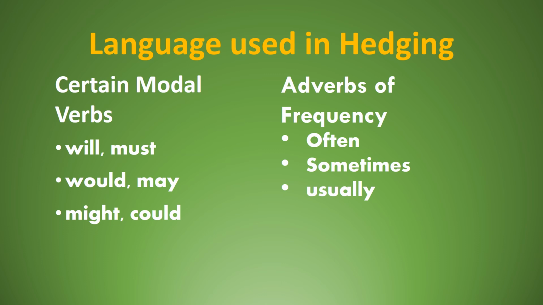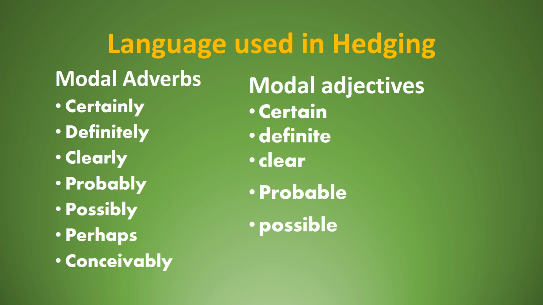Certain modal verbs like will, must, would, may, might, could. Also adverbs of frequency like often, sometimes, usually. For example, you will say, "Sometimes I go to the market." So there is a certain claim there. Modal adverbs like certainly, definitely, clearly, probably, perhaps, conceivably.